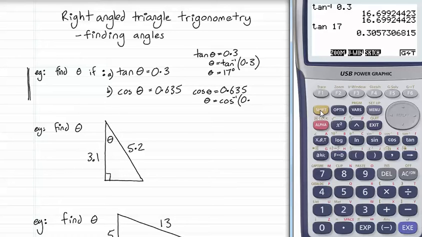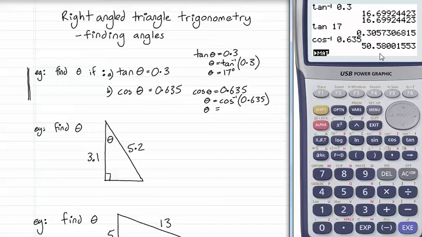And we'll do second function cos 0.635, 50.5, so an angle of 51 degrees has a cos ratio of 0.635.